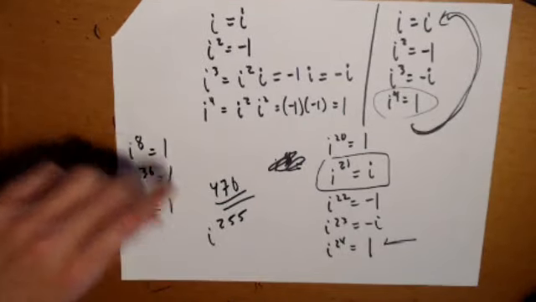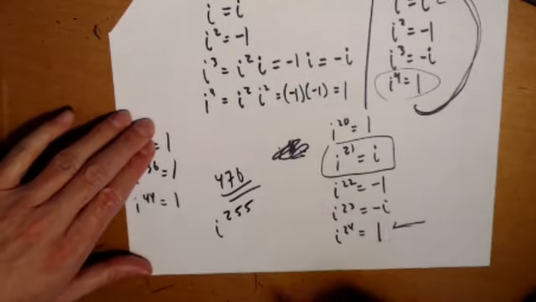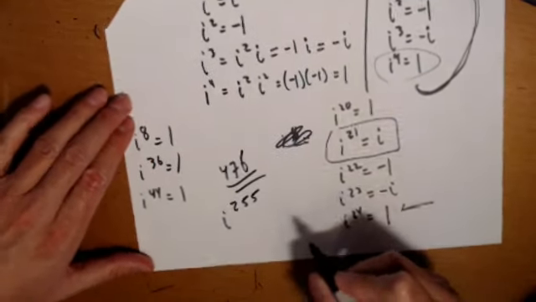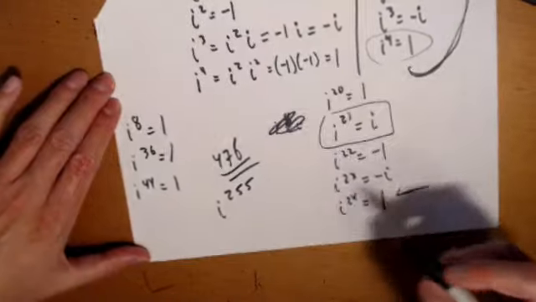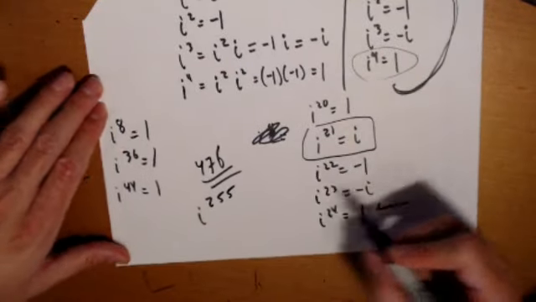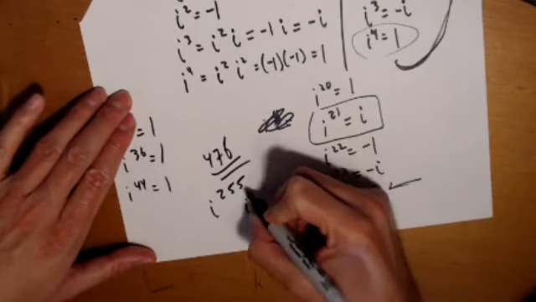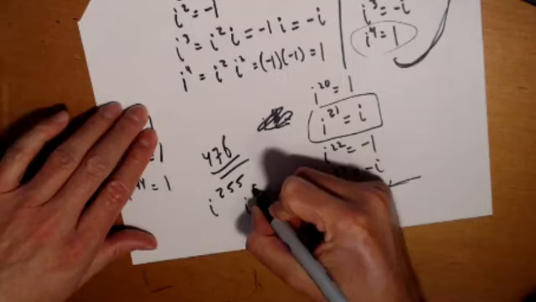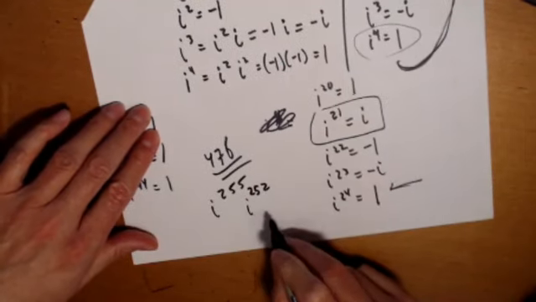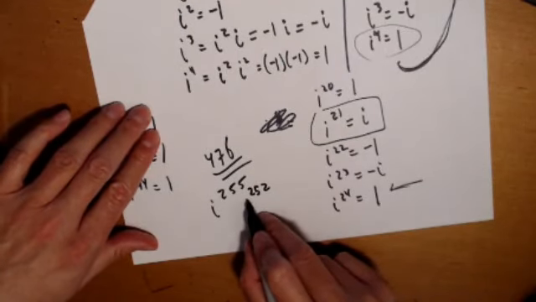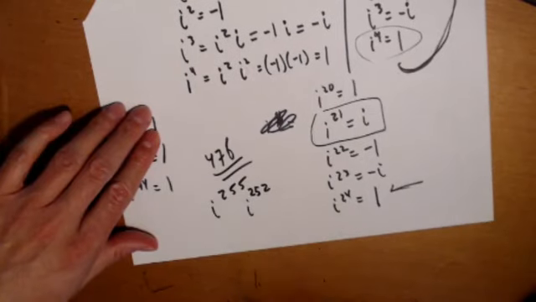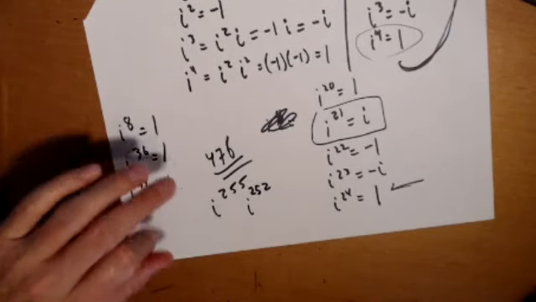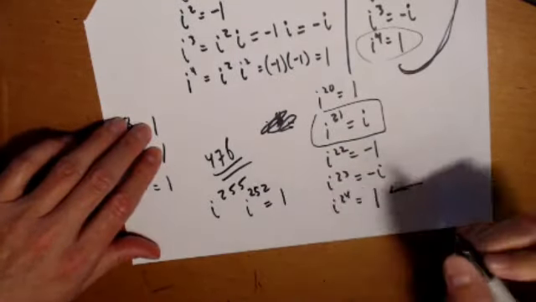So I'm just sort of thinking about the 55. 4 goes into 52. So since 4 goes into 52, 4 goes into 252 perfectly. Ask your calculator. So that means that's 1.